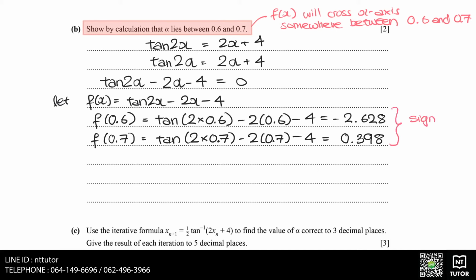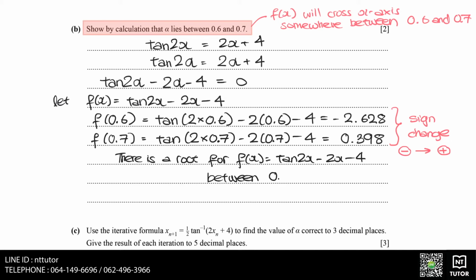That means that somewhere between 0.6 and 0.7, the graph of the function f crossed the x-axis, hence the sign change from negative to positive, and therefore there must be a root somewhere between 0.6 and 0.7. And this proves that alpha lies between 0.6 and 0.7.